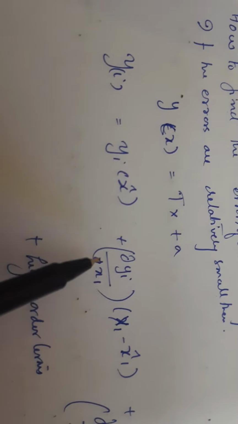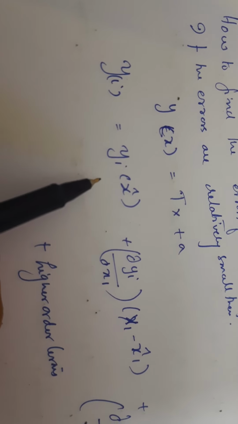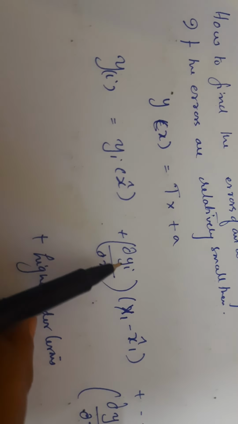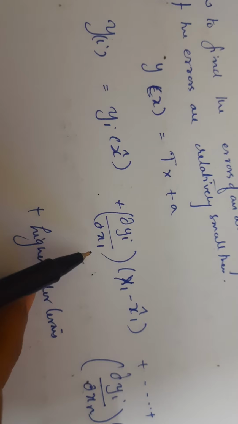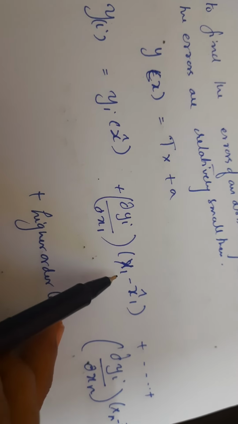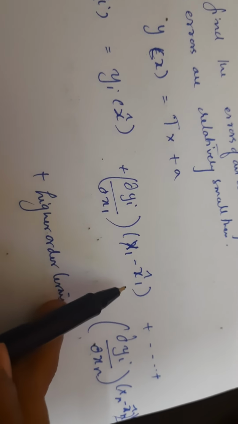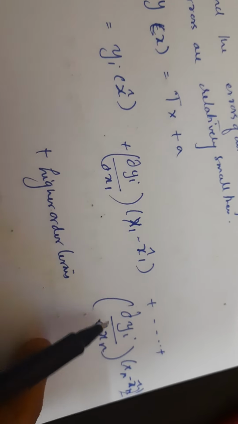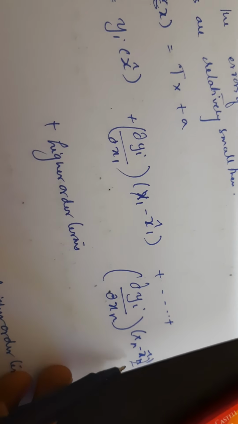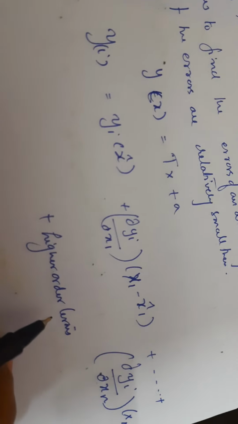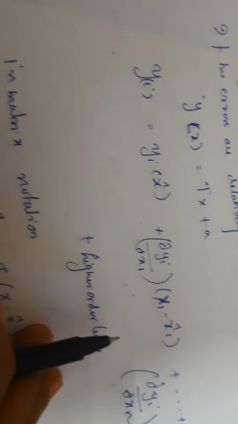We can write that in terms of Taylor series as y_i is equal to y_i of x cap plus dou y_i by dou x_1 into x_1 minus expectation value of x_1, plus and so on, dou y_i by dou x_n into x_n minus x_n cap, and then higher order terms.